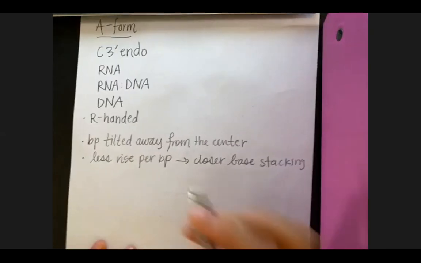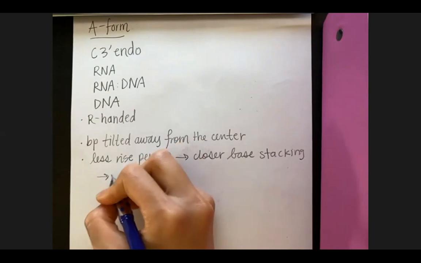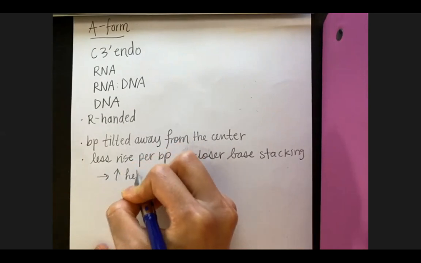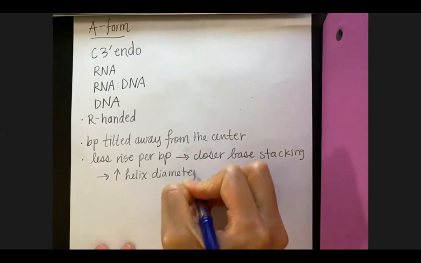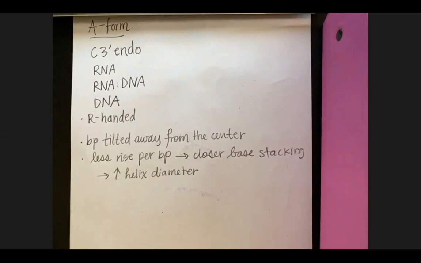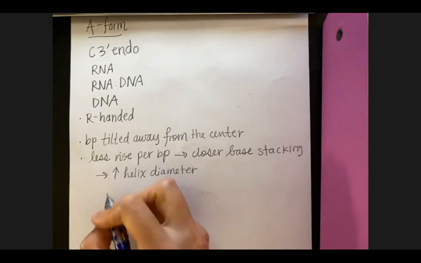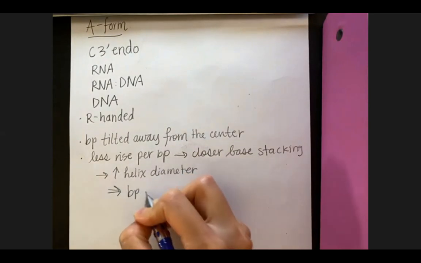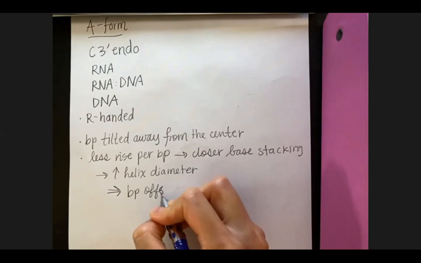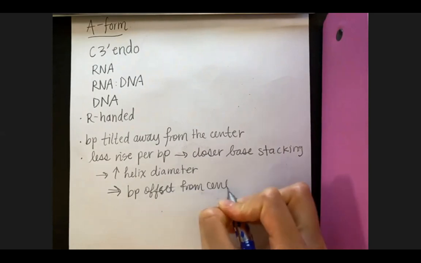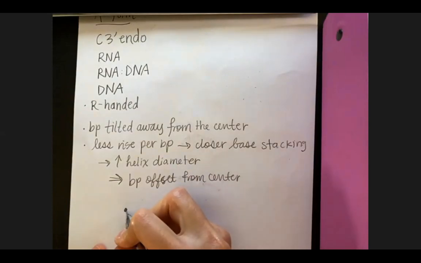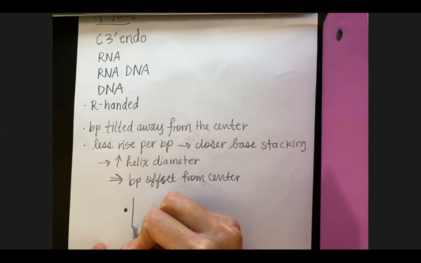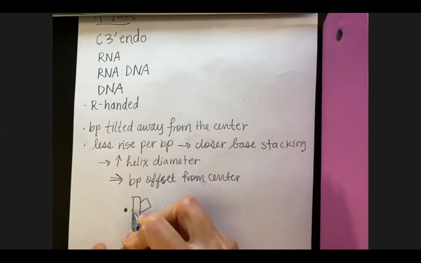The backbone negative charges have to stay away from each other, and so the result of this is that the base pairs are offset from the center of the helix. If this is the axis here, it would look something like this.